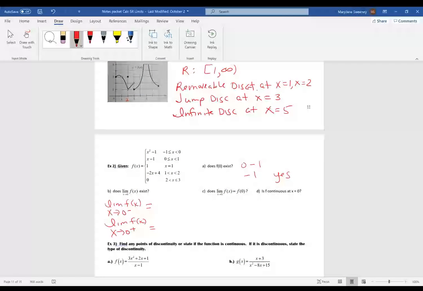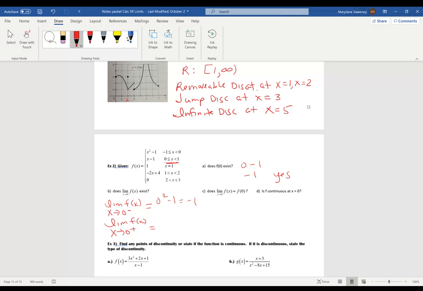So let's see, from the left of 0 is this interval, right? So we would be plugging into this. So I would say 0 squared minus 1 is negative 1. 0 from the right is here.